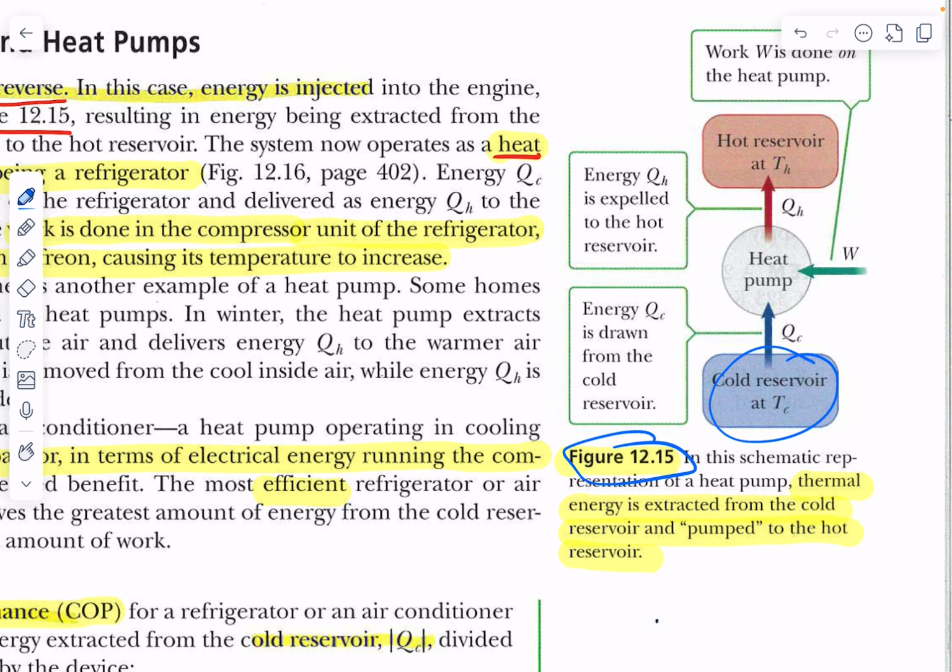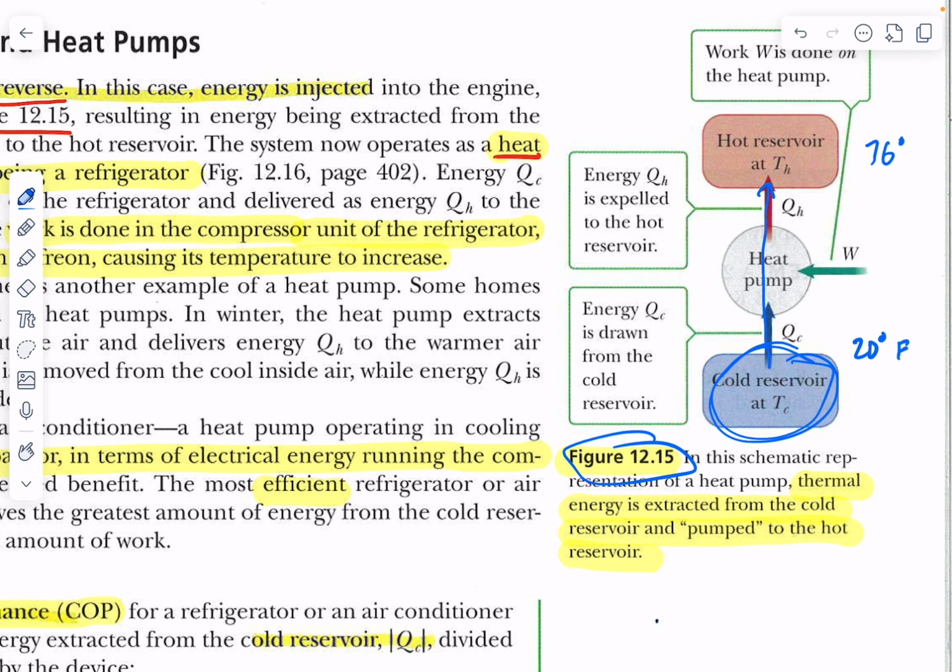We pump it into the inside of the house where it's warmer than the outside. Let's say it's 20 degrees Fahrenheit outside, and let's say inside we're keeping the house at 76 Fahrenheit, a warmer temperature. So it's extracting the heat from the outside, and the coolant expands.